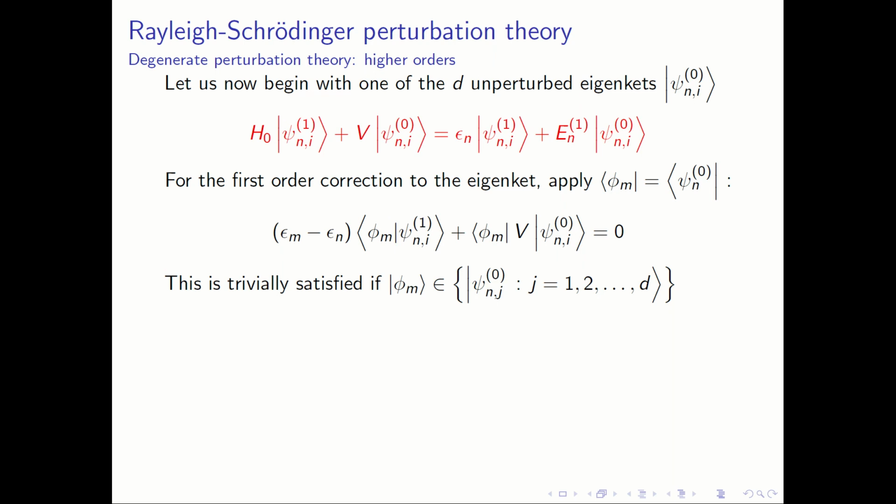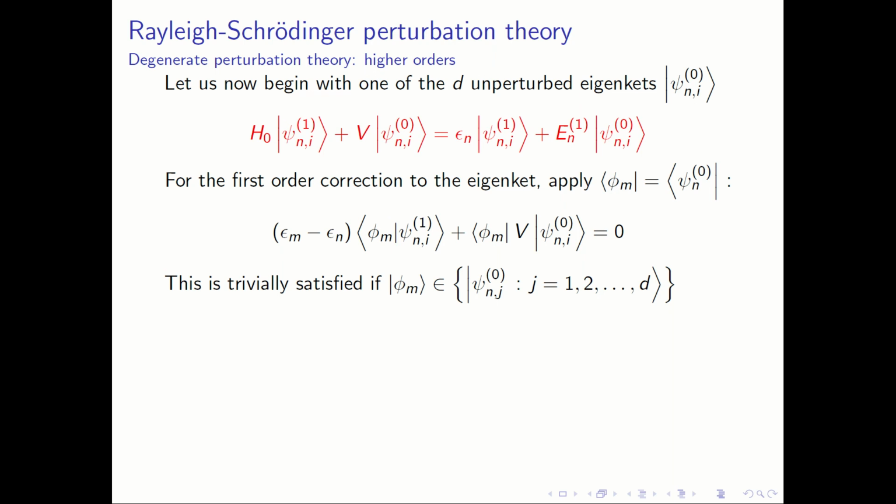If we started with some basis phi n1, phi n2, phi nd, but we had found out some linear combinations which are eigenvectors of the matrix Vn, and if you use those eigenvectors as your basis vectors, then of course the matrix is already diagonal, which means this term will also vanish. So this is trivially satisfied if phi m belongs to the same energy eigenspace, is any one of the other d minus 1 eigenvectors that you have found out.